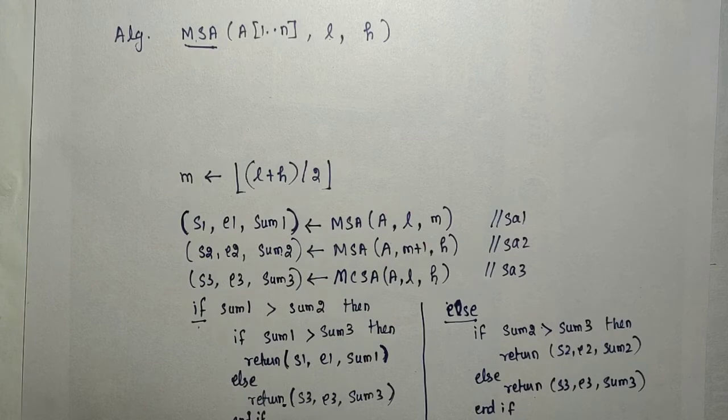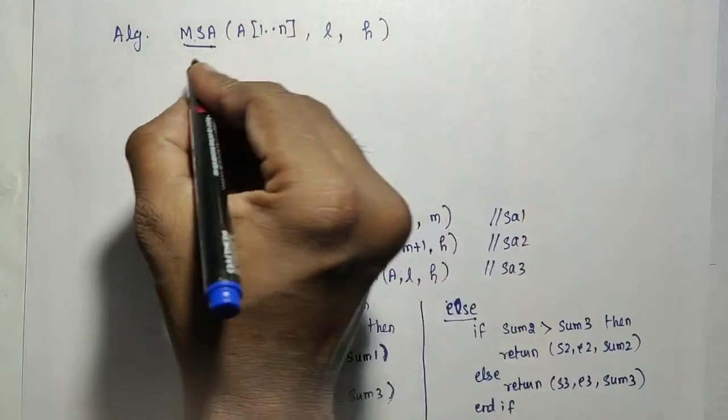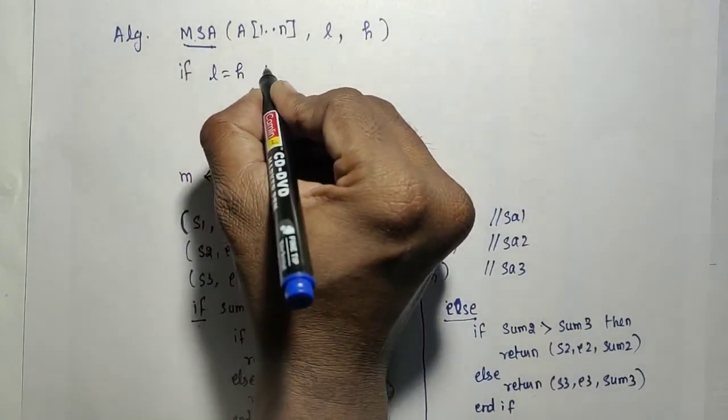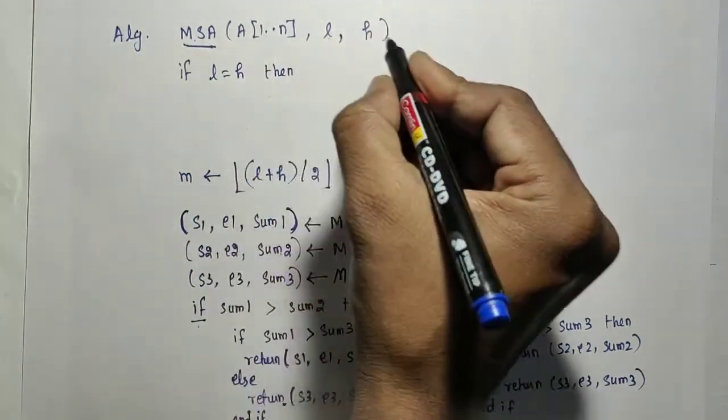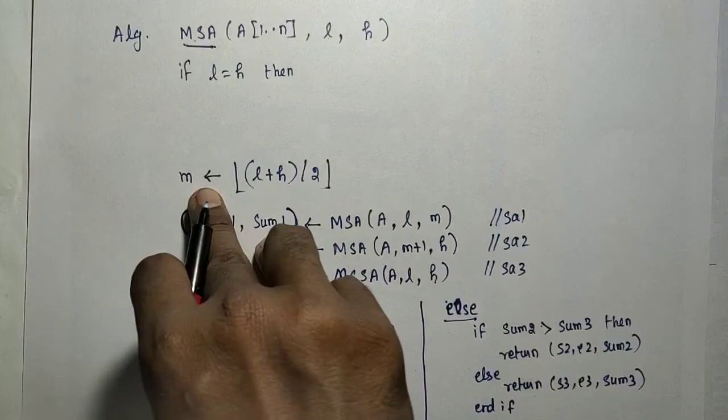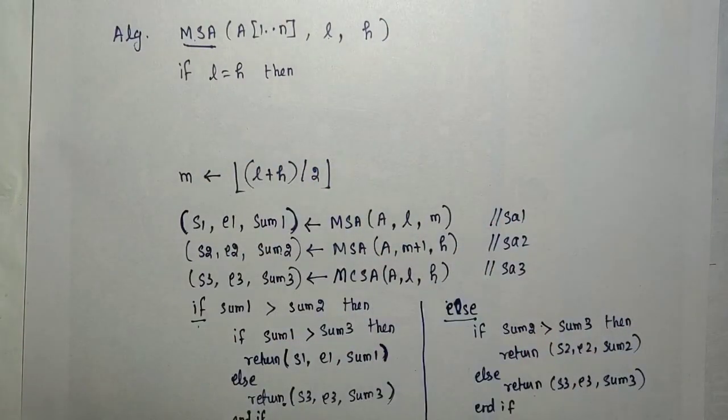So simply we can return L, H, and A of 1 as the maximum subarray. So just check the L and H value, that is if L equal to H, in this case we need not apply the recursive procedure for finding the maximum subarray.